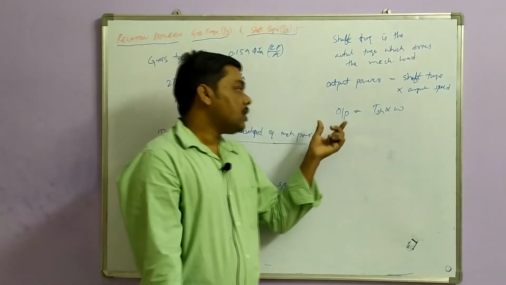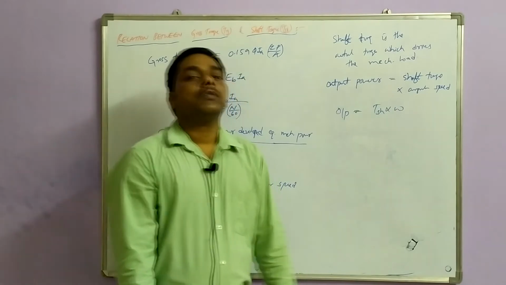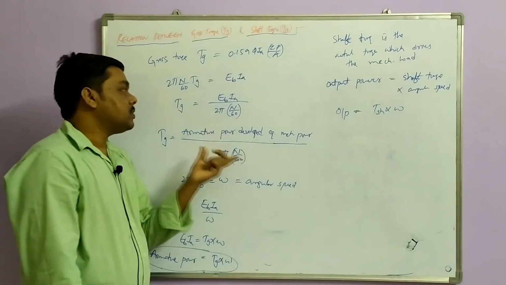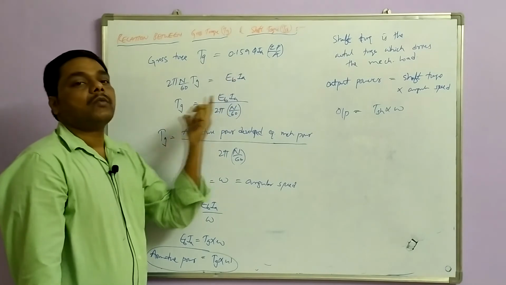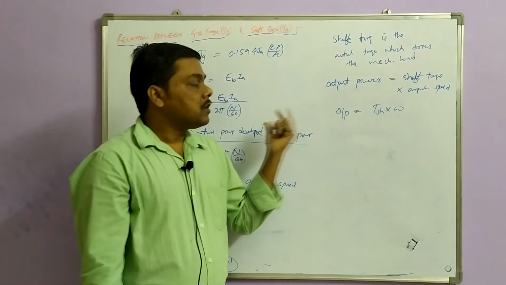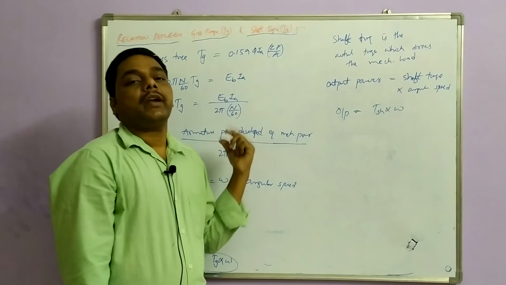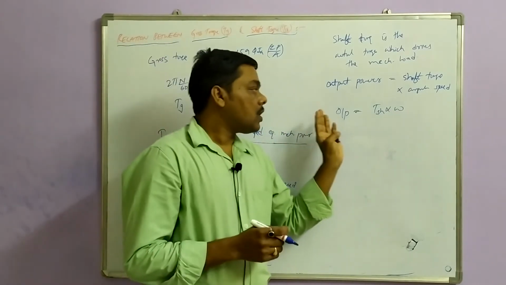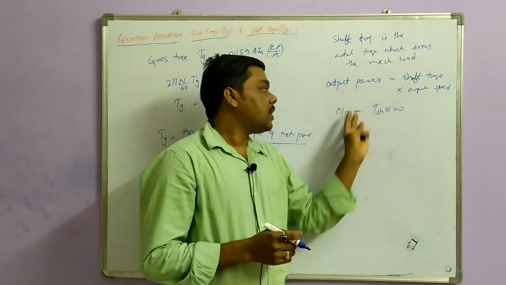Then what is the actual output power? So output power you can calculate from these losses and EbIa, where the losses are going to be deducted. So the total output power term we cannot directly write here.